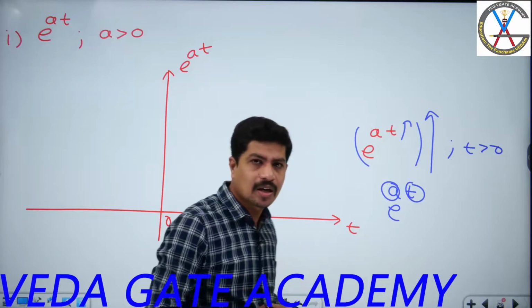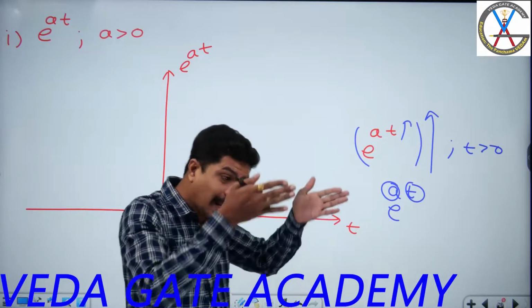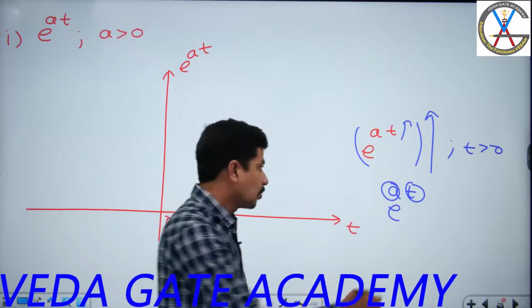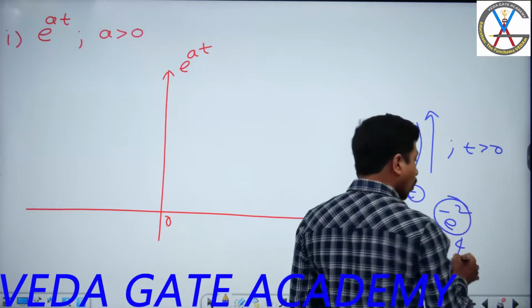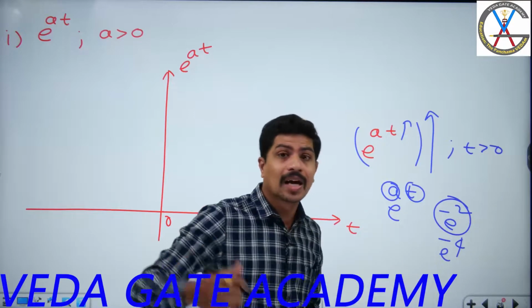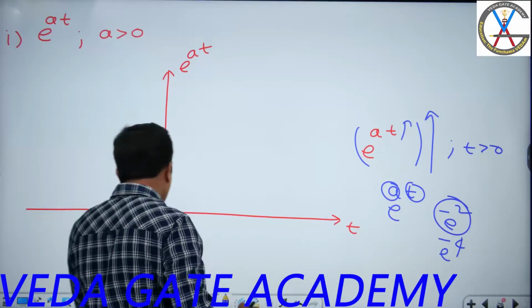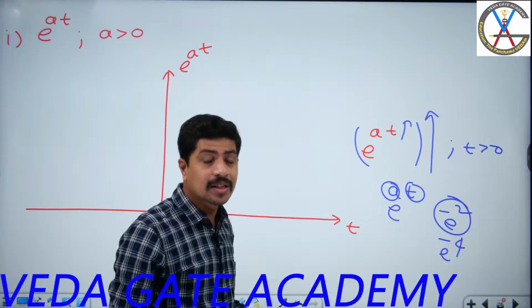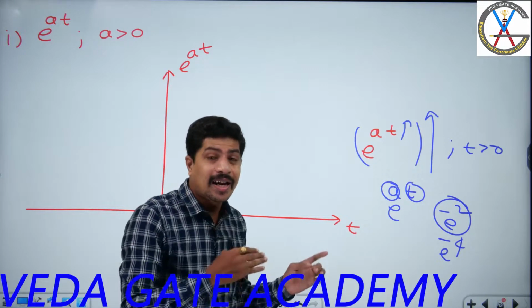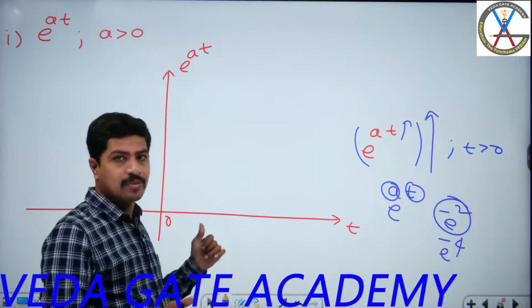Therefore e power negative magnitude is increasing. Suppose you tell me, e power minus 2 is more or e power minus 4 is more? e power minus 2 is more, e power minus 4 is less. As you are moving towards the left side, the values keep on decreasing. So the right side is exponentially increasing, the left side is exponentially decreasing.